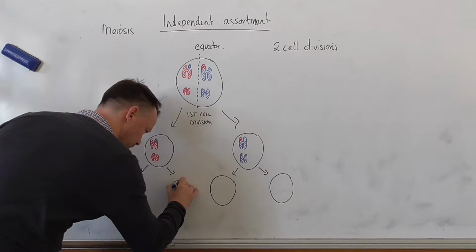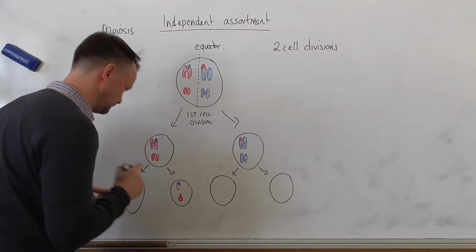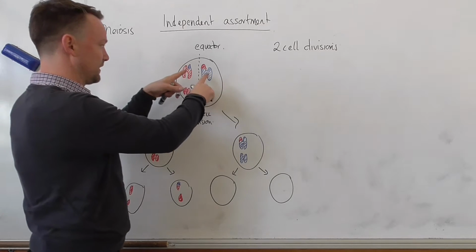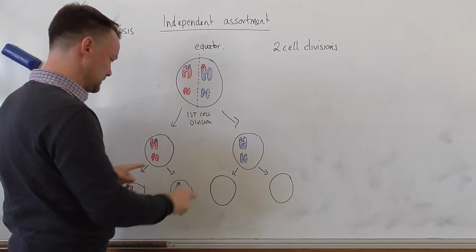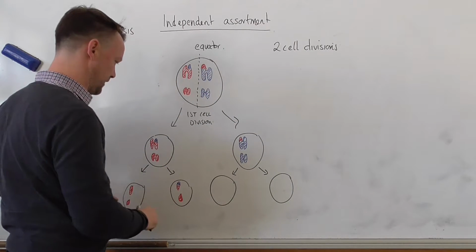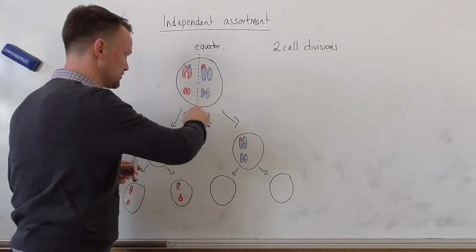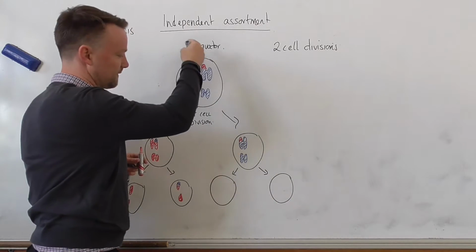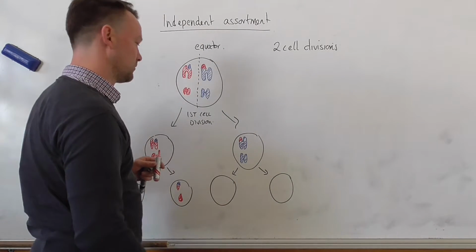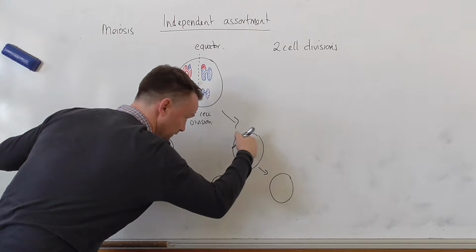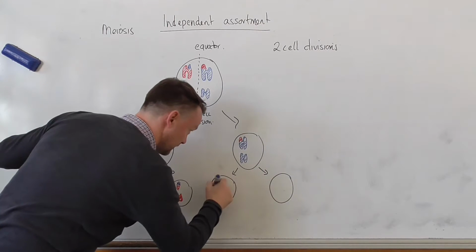So this is completely random. The random part is which side they line up on here, and after that, they will divide again. So this is the part called independent assortment, which creates the variation in the gametes once the cell has divided twice. So in this one, the chromosomes on the left-hand side will end up in this one.